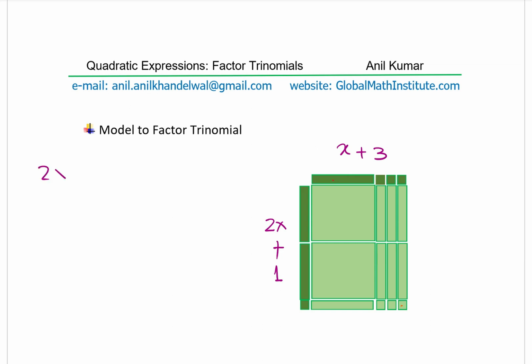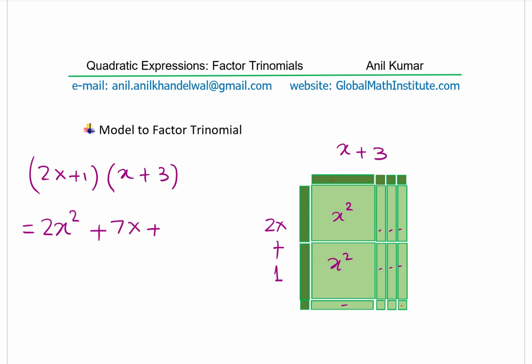So we have 2x plus 1, and we are going to multiply this by x plus 3. When you multiply, you can clearly see the result, which is x squared. There are two of them, right? So we get 2x squared plus, these are your x's, 1, 2, 3, 4, 5, 6, and 1, 7. Plus the units 1, 2, and 3. That is what you get.